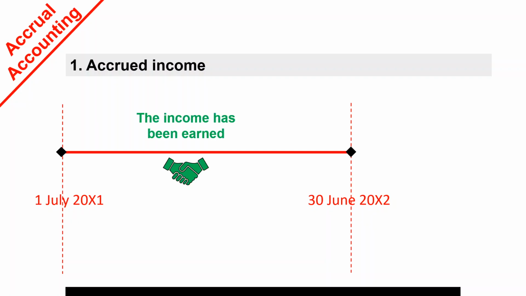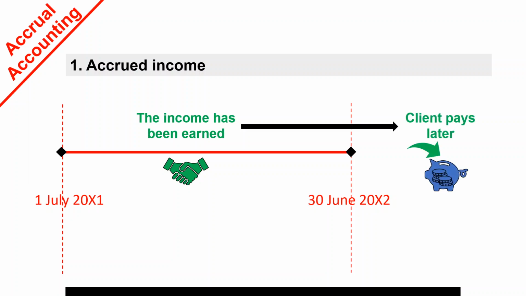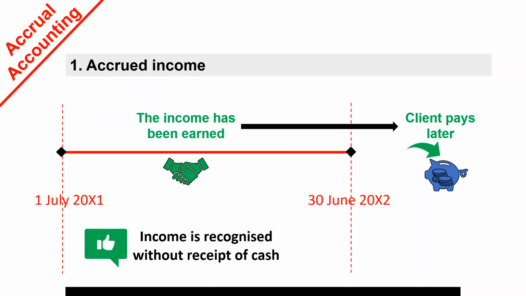The income is earned during the period but not received in cash. The invoice will be paid by the customer in the next accounting period. But according to the accrual accounting, income is recognized without the receipt of cash.